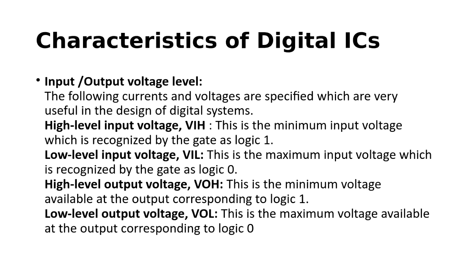So guys, we were discussing the different voltage levels for logic gate ICs. In short, you just need to remember that when you see VIH, it means voltage input high level. What voltage level will be considered as high at the input?